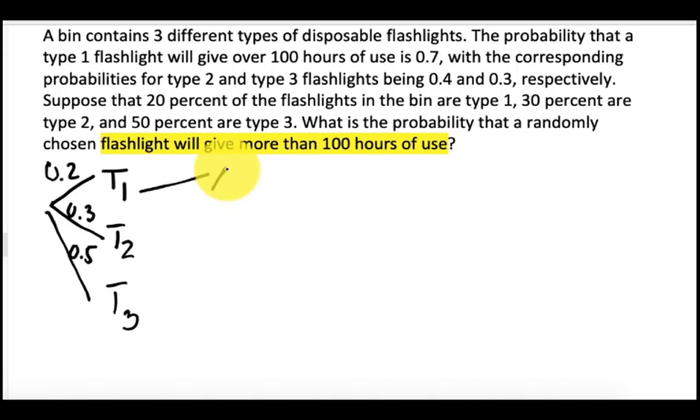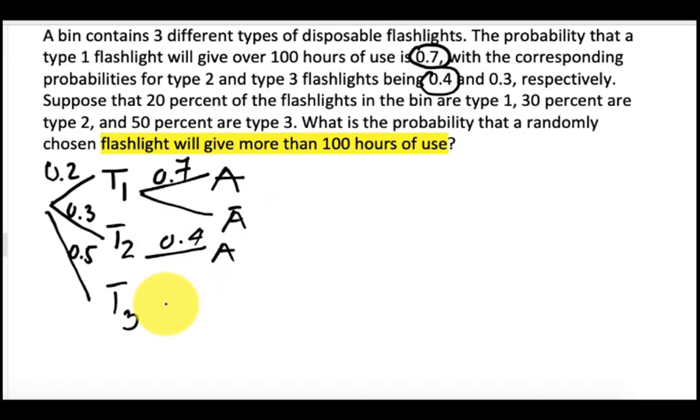Suppose that A is the event that the chosen flashlight will give more than 100 hours of use, then the probability of A in the case that T1 occurs should be 70%. And if it is of type 2 flashlight, then you get 40%. And then you get 30%.